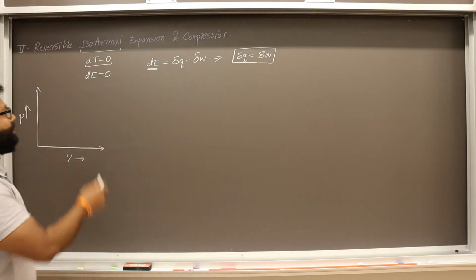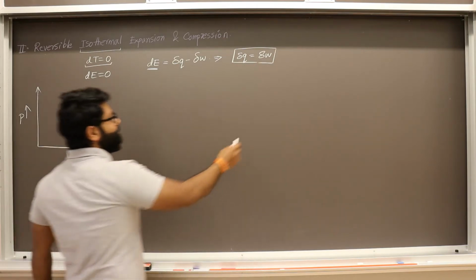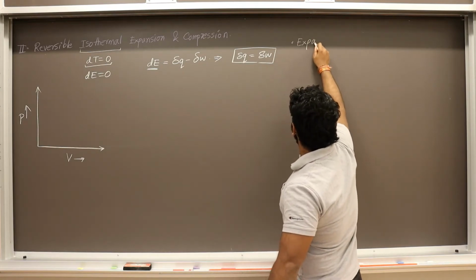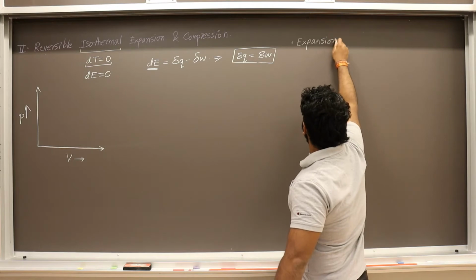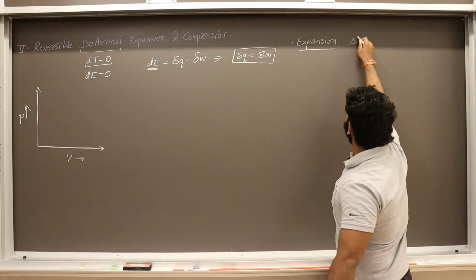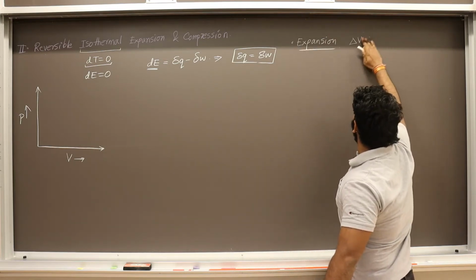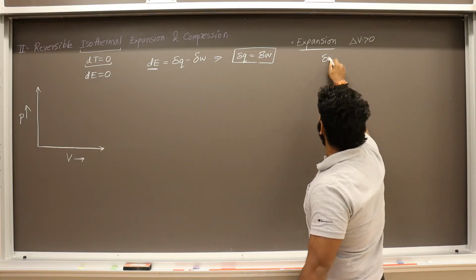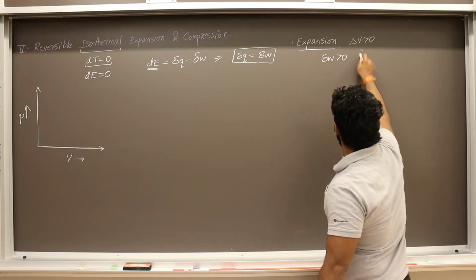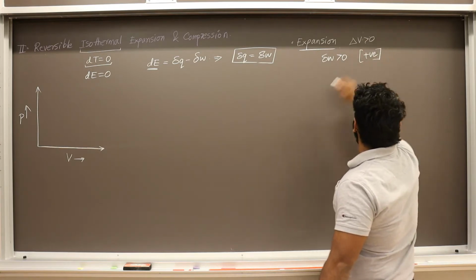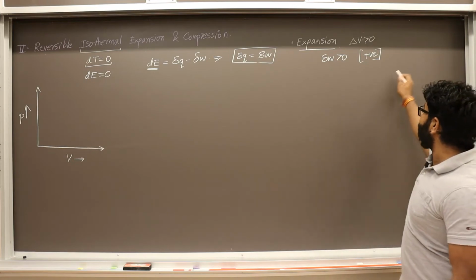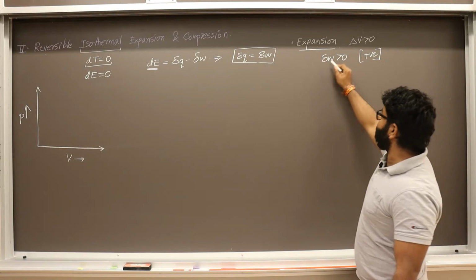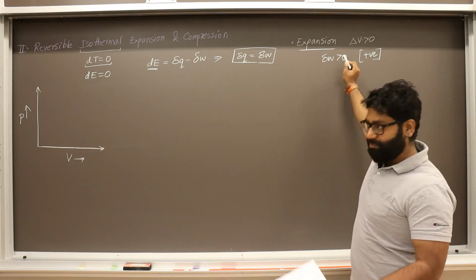Now let's see what happens in compression and expansion. If we take the case of expansion, we know that del V is a positive number, right? And work done is positive in expansion, because the force and the displacement are in the same direction. So del W becomes greater than 0.